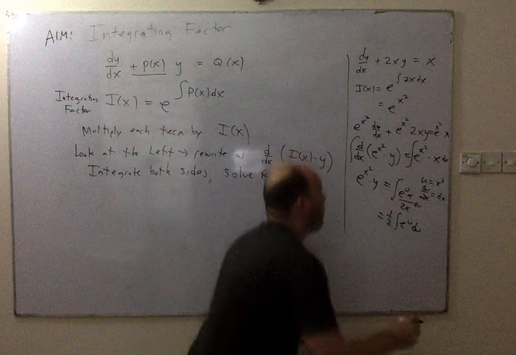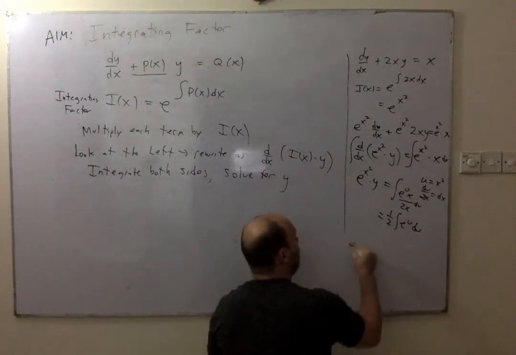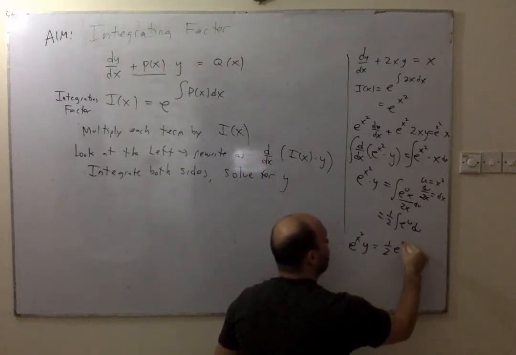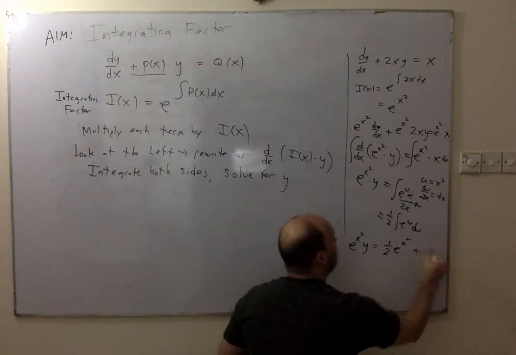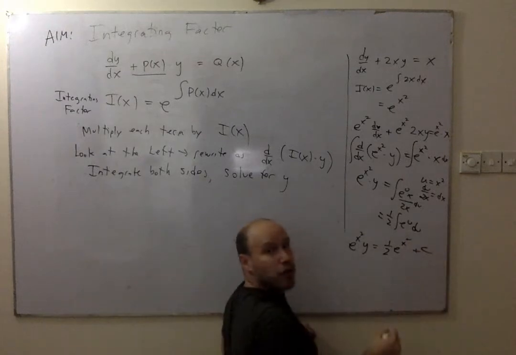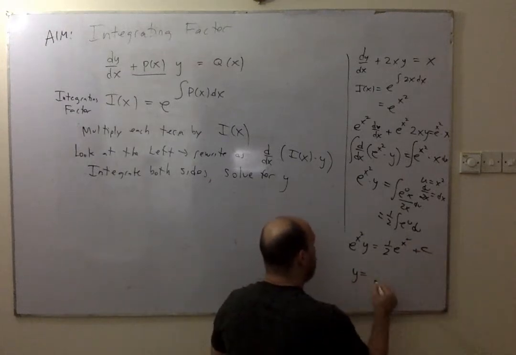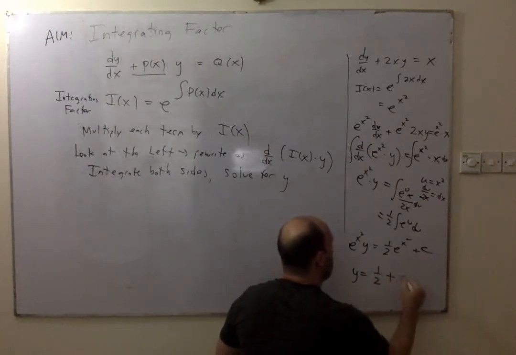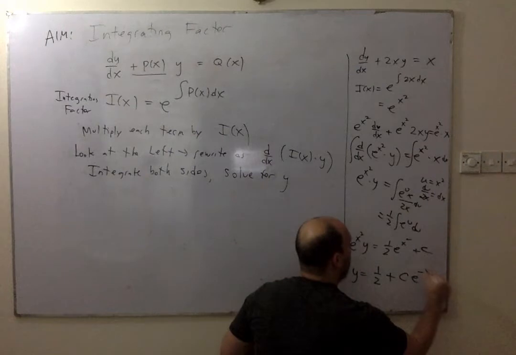Final answer: e^(x^2) y is equal to 1/2 e^(x^2) plus c. So y is equal to 1/2 plus c e^(-x^2).